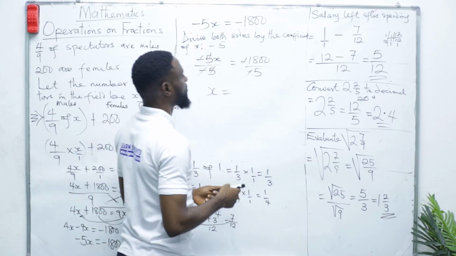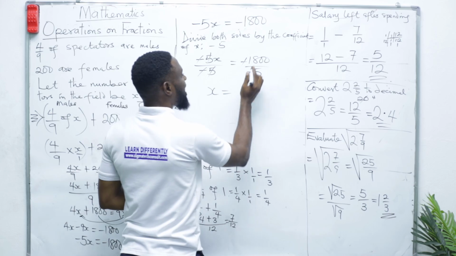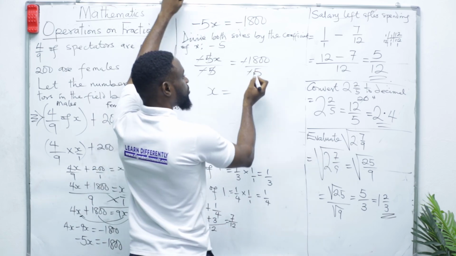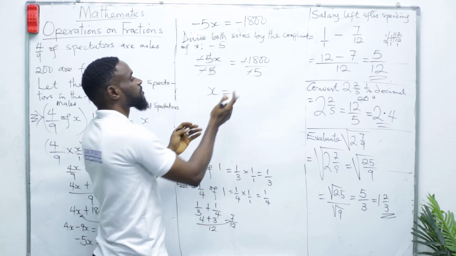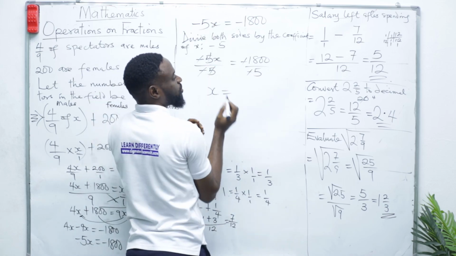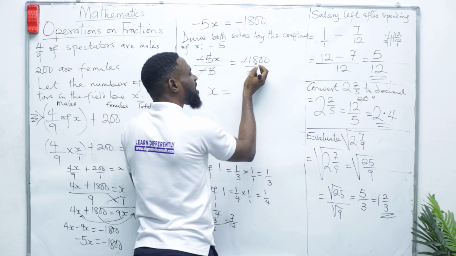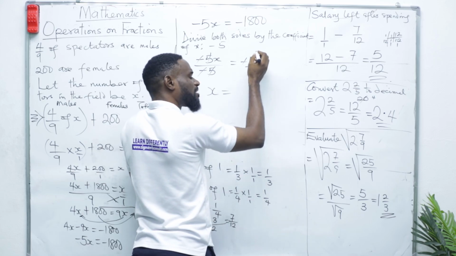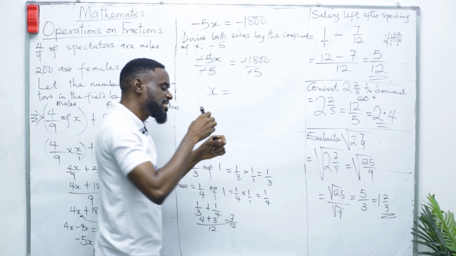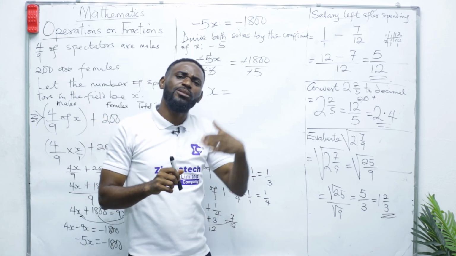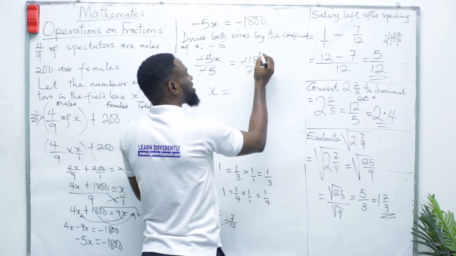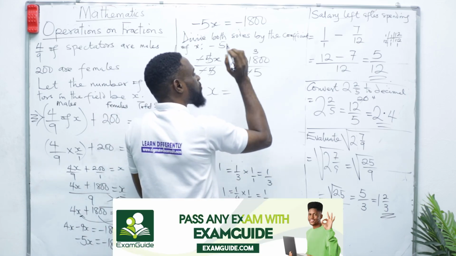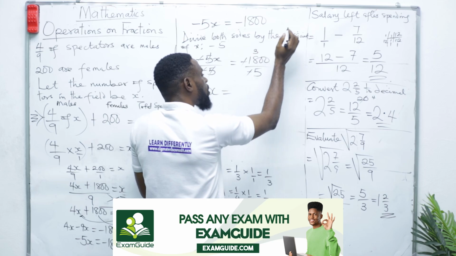Okay, how do we go about that? Because this number is large, you may not know, so take it bit by bit. 5 divided into 18 will give us 3, because 15 is the closest number to 18 that 5 can divide. So 5 into 15 is 3, and there will be a remainder of 3.